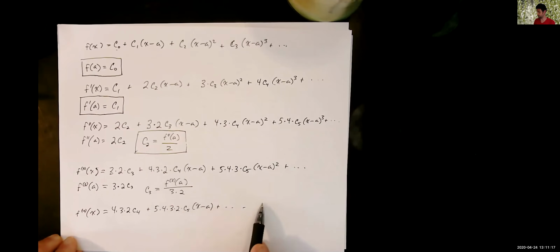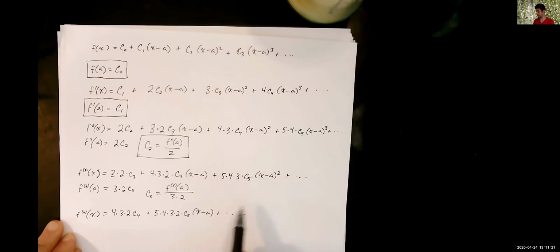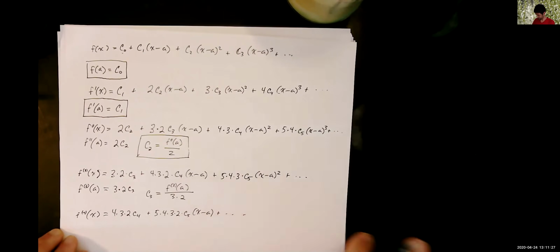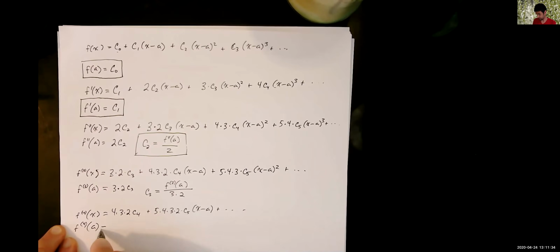The 6th degree, the one that was degree 6 when we started, is now down to degree 2, right? We've taken so many derivatives that each time it loses an exponent, and on and on and on. We evaluate our function at a.